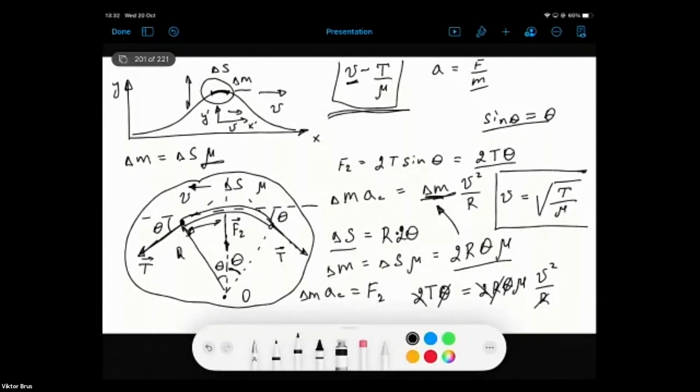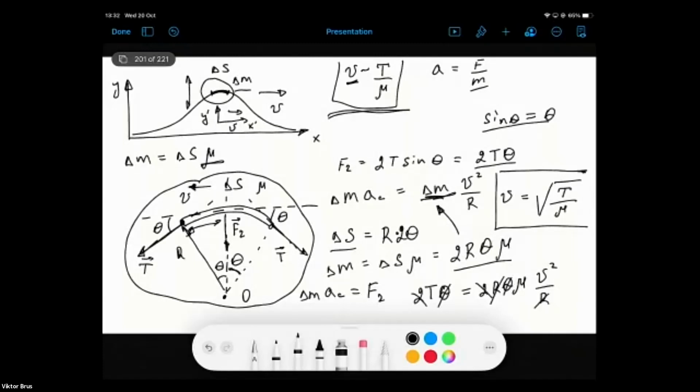So if the amplitude is very high, then it would be a more complicated case, and the equation for the speed of propagation of a mechanical wave on a string would be different. However, when the amplitudes are small, we can use this simple equation, which is very nice.